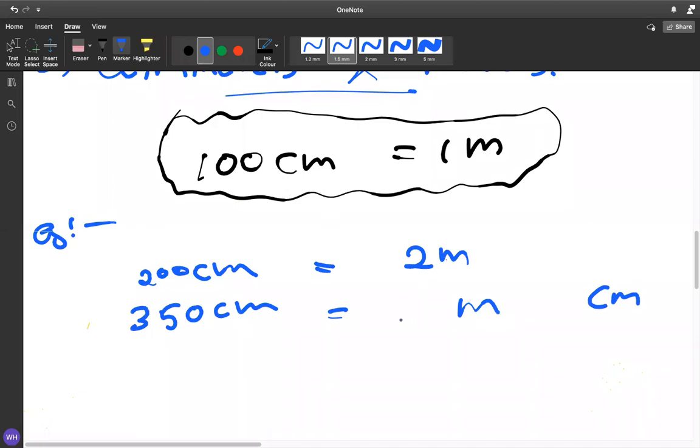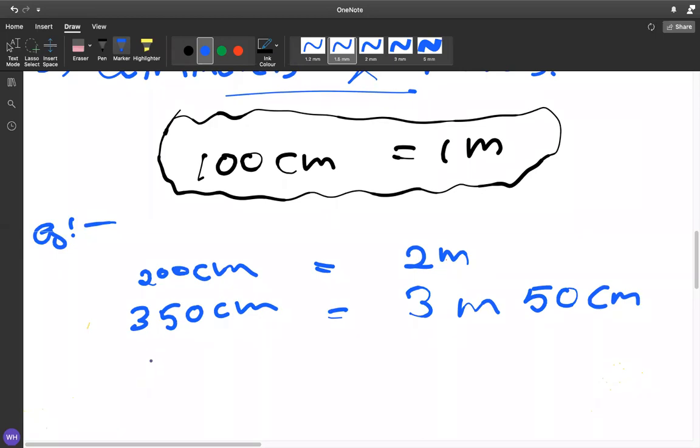Now, if you want to write in meters and centimeters, Nikini, can you help me to write this? How many meters do you have within 350? 3 meters and 50 centimeters. Okay, Rifki, that is correct. Nikini, can you understand? Yes, sir. Okay. Punsara, next question goes to you.